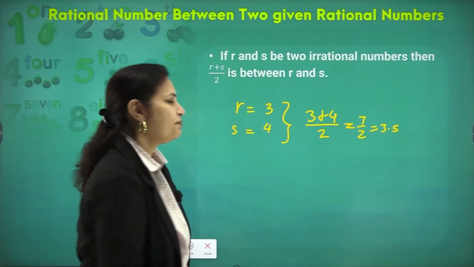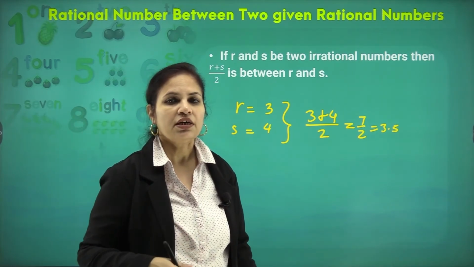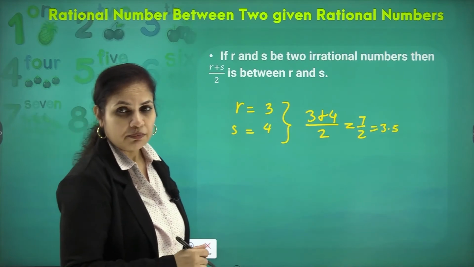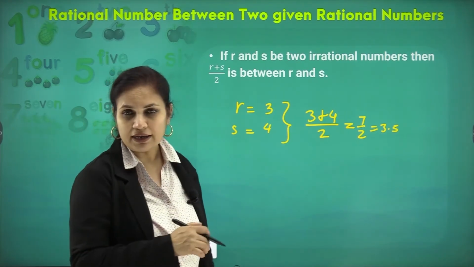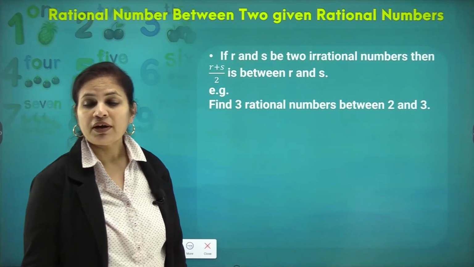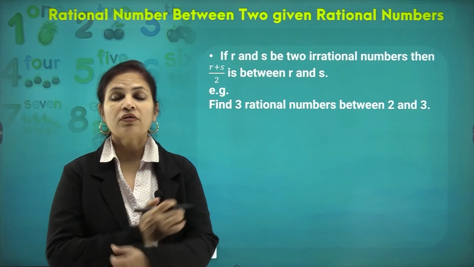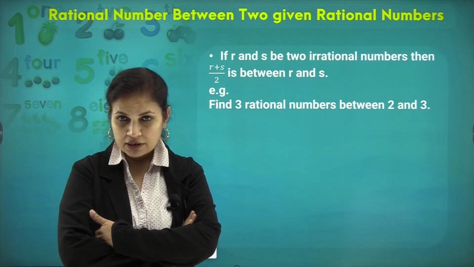So if I have to fit one rational number between two given rational numbers, it will be the mean value, the average obtained by adding the two numbers and dividing by 2. But what if I have to fit more than one rational number between two given rational numbers?